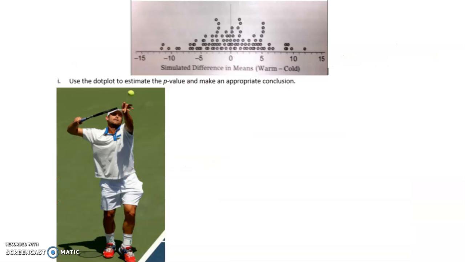So our value was 12, and it says estimate the p-value. So greater than or equal to 12, we would have 1. So our conclusion would be we reject H0.